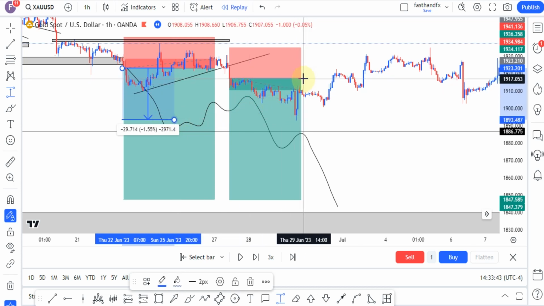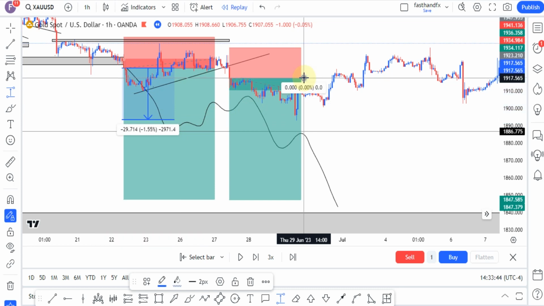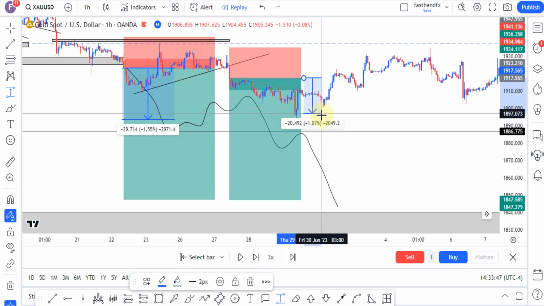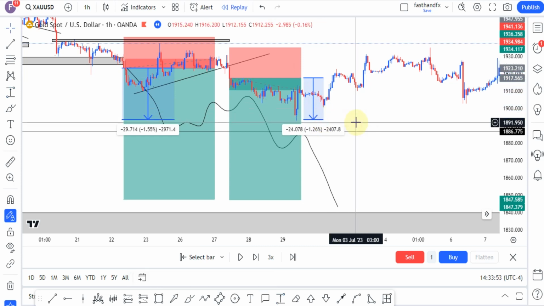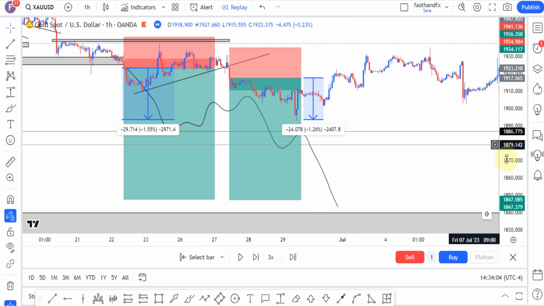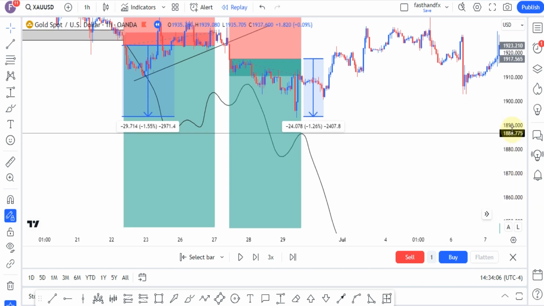Then from this point again, the market gave you 240 pips, guys. That's very, very beautiful. So if you were using standard lots, the market could have given you at least $5,000 from these two entries.